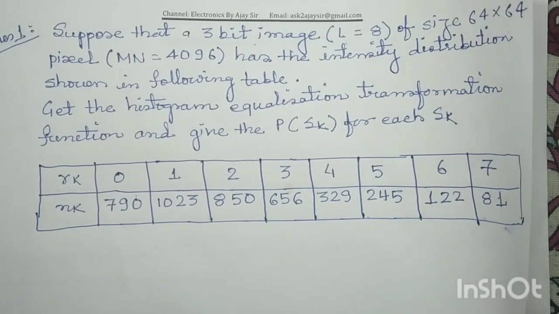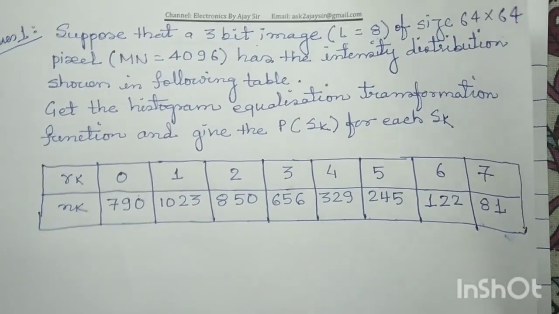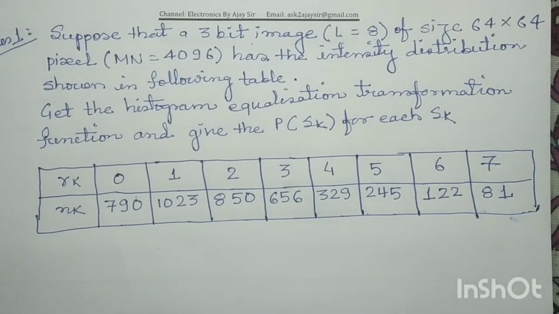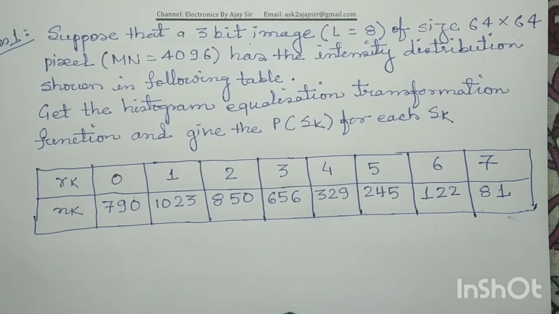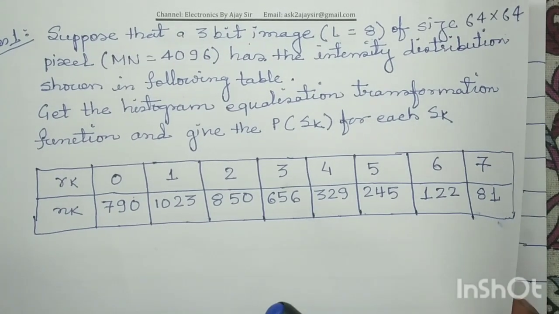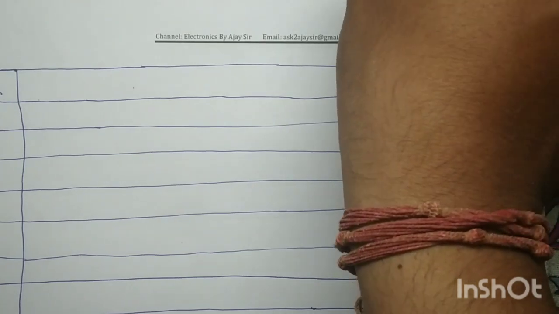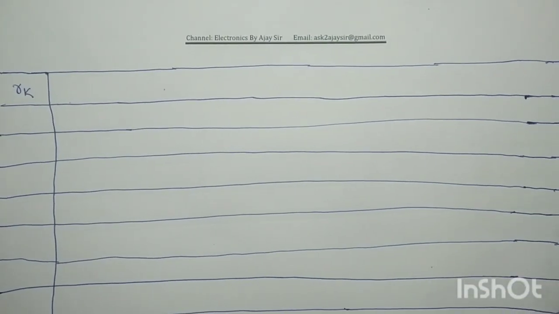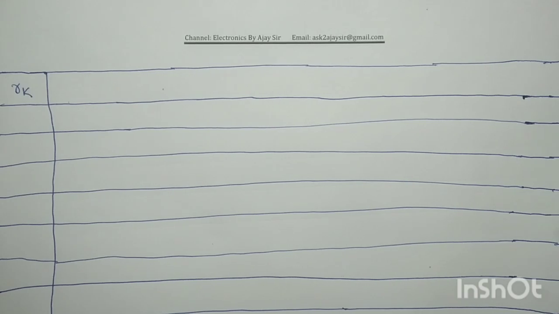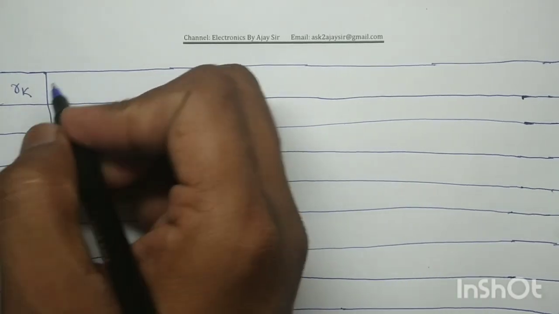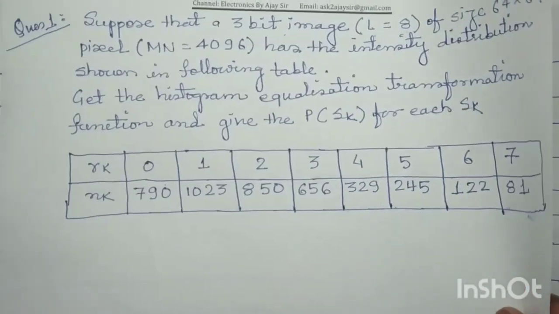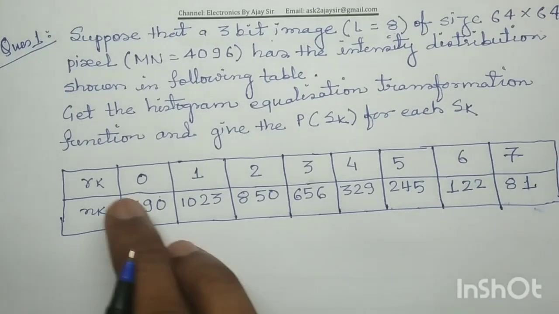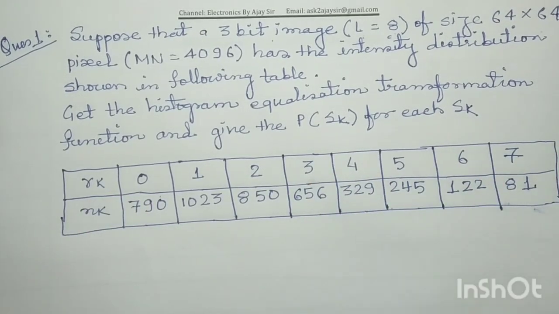So for histogram equalization, in order to solve this question you have to make a table like this. In the first column you have to write the grayscale level. So in my image this rk represents the different gray levels present in my image.